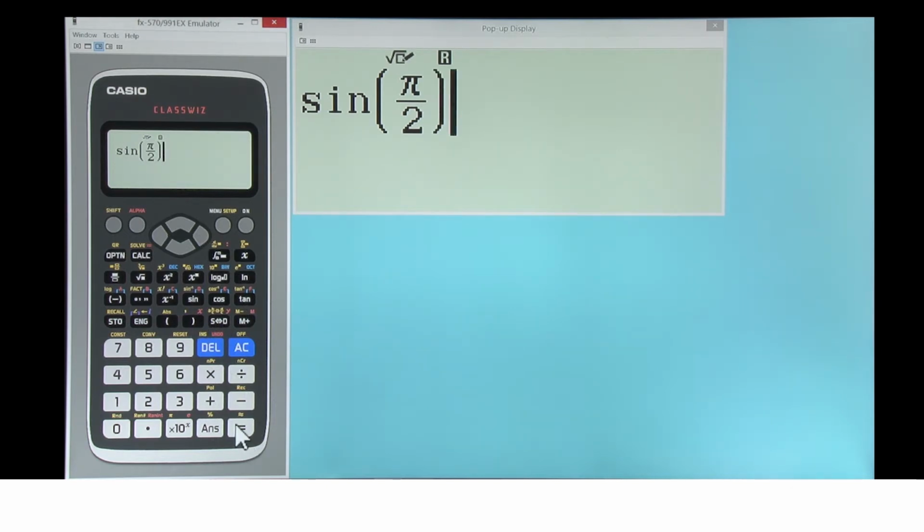Sine of pi over 2, which is the equivalent of 90 degrees, then the result will be 1, where previously the sine of pi over 2, if the angle was measured in degrees, would certainly not have been 1. We can turn angles from degrees to radians in this mode.